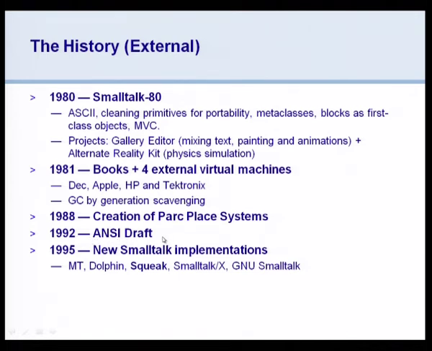So when we talk about C, we talk about ANSI C. 1995 saw new Smalltalk implementations: VisualWorks, Dolphin, Squeak, Smalltalk/X, GNU Smalltalk, each with its own progress. So it is very good considering that it had a very good beginning very early.